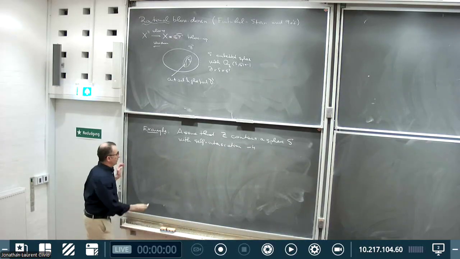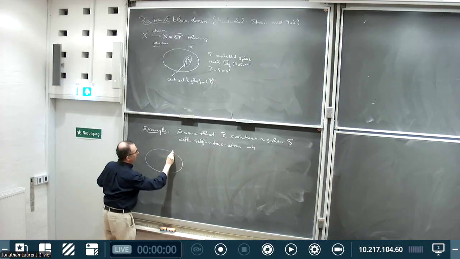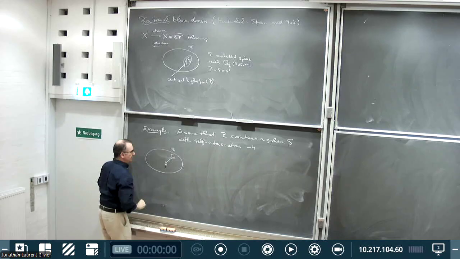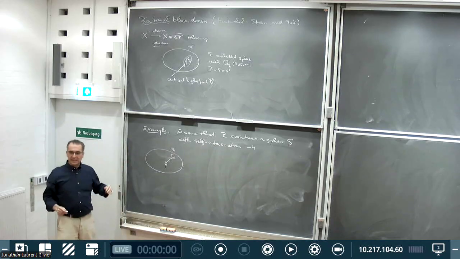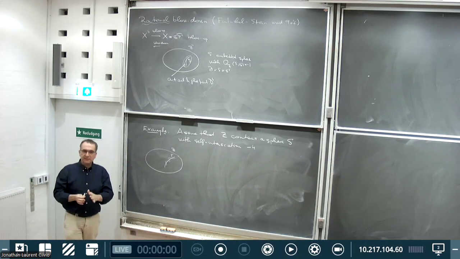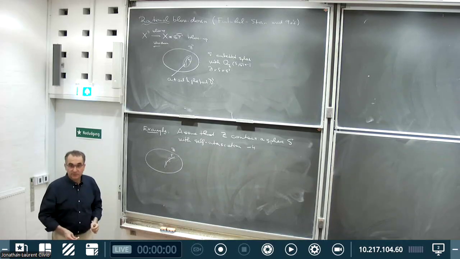Okay, so the mental picture you should have is this is Z, there is this S, and the push-off intersects it in 4 points, all with the same sign, all with negative signs.